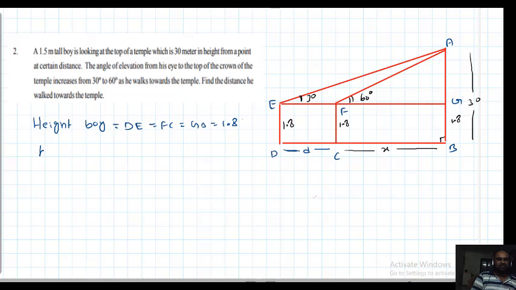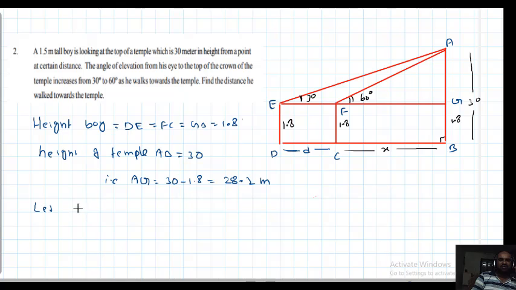Height of the temple, that is AB, equal to 30. So AG is 30 minus 1.8, that is 28.2 meters.